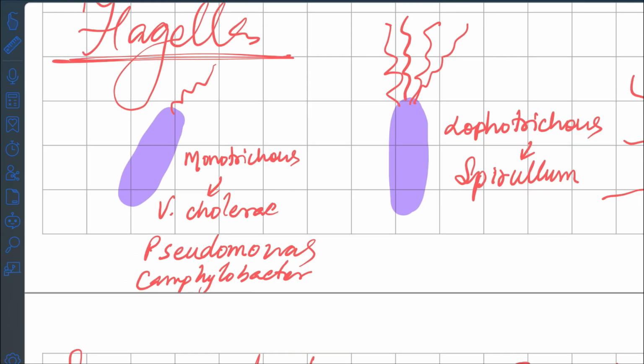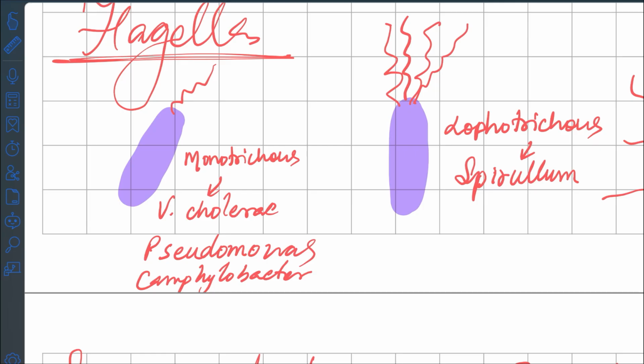The first, as you can see here, is a bacillus with one single flagellum at the tip. This kind of flagellar arrangement is known as monotrichous. It is seen in Vibrio cholerae, Pseudomonas, and Campylobacter.